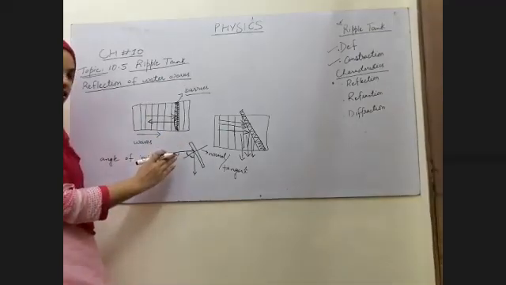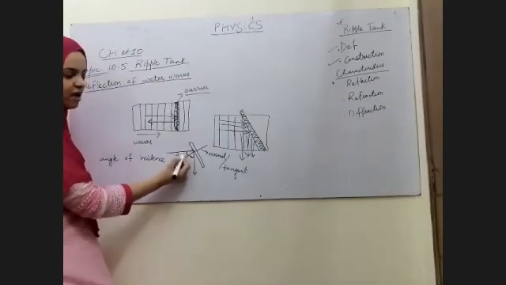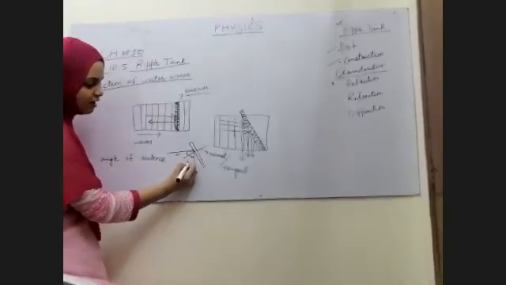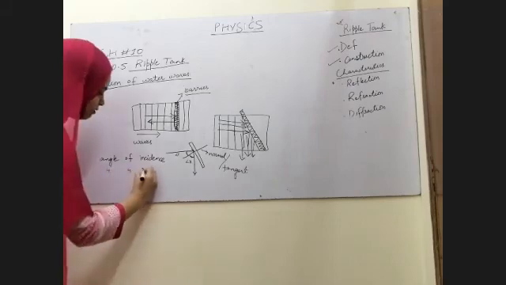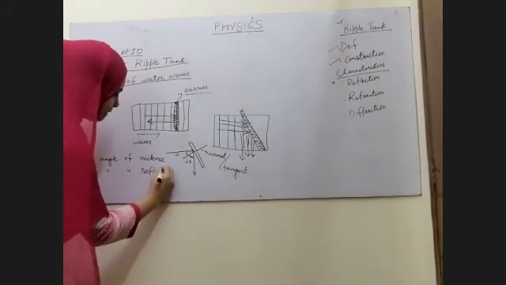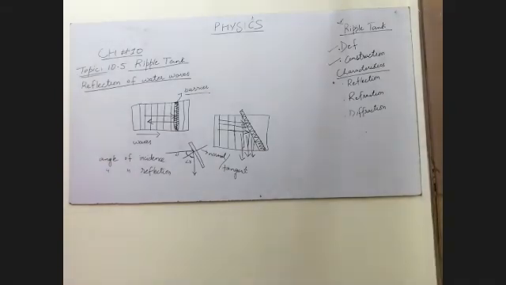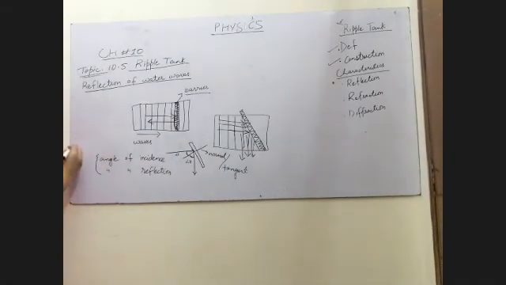Before hitting the barrier we have the angle of incidence, and after hitting we have the angle of reflection. Both of these angles are the same. And this whole part is known as the law of reflection.